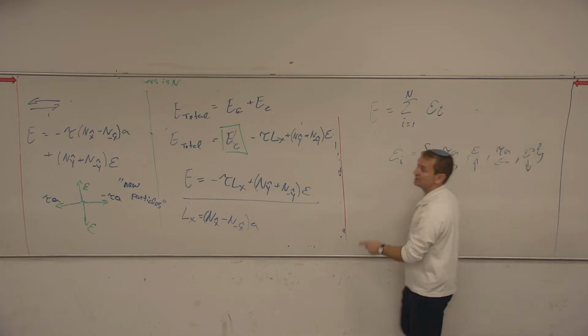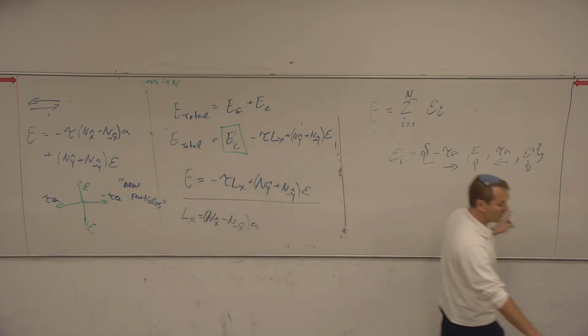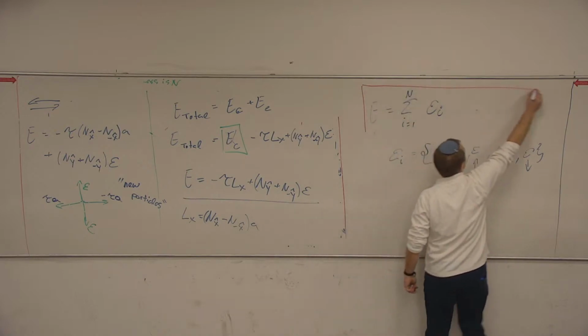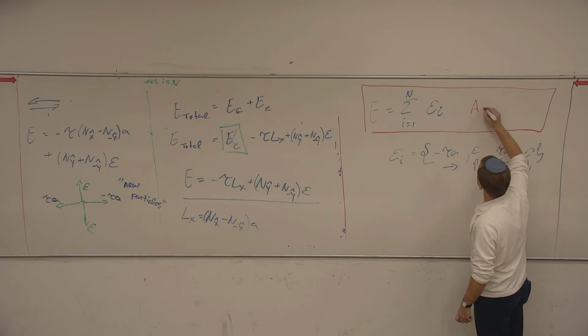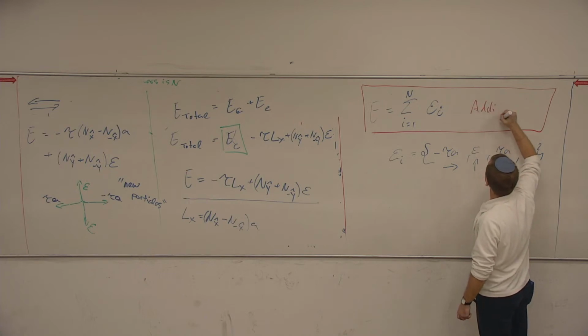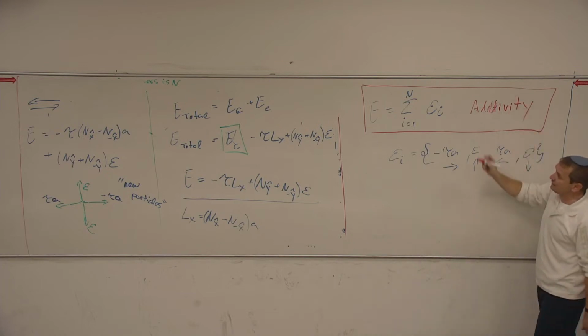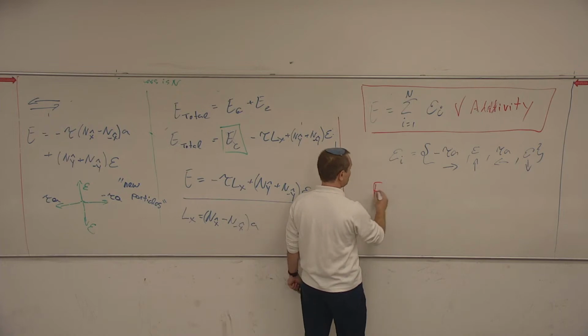And it's going to be the same expression as we have over here. But this is preferable. Why is it preferable? Now we can use the canonical ensemble. Exactly. This is additivity. So this is the first condition.